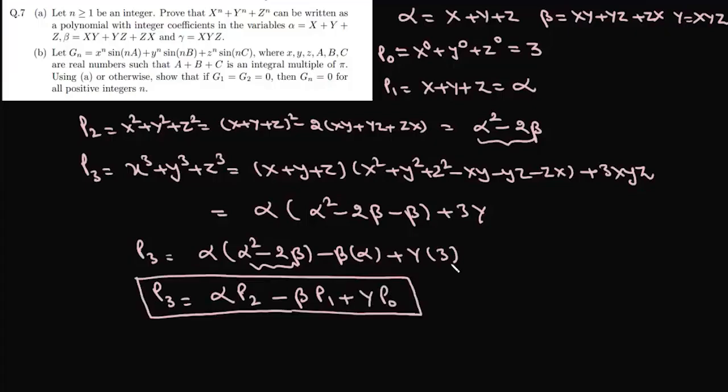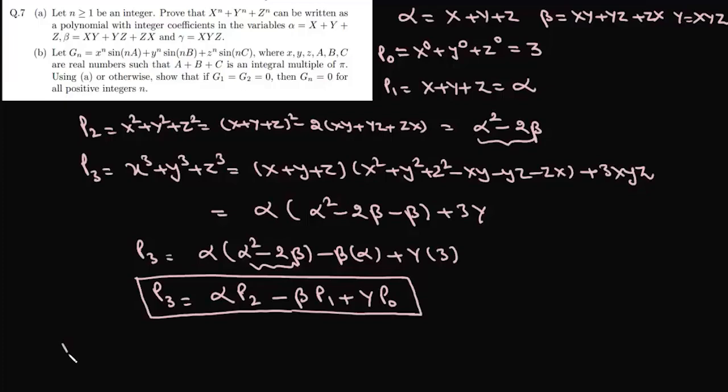And we can clearly see p0, p1, p2, p3 are all polynomial functions with integral coefficients in the variables alpha, beta and gamma. So using induction, we'll say p0, p1, p2, up to pn minus 1 are all polynomials with integral coefficients in the variables alpha, beta and gamma.